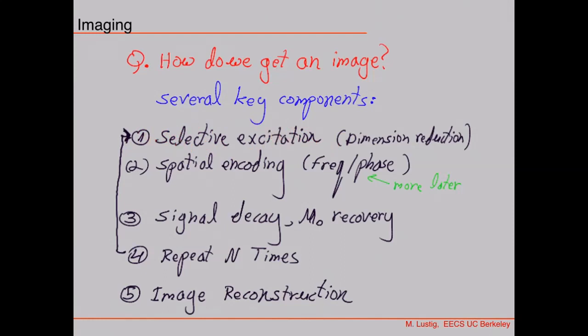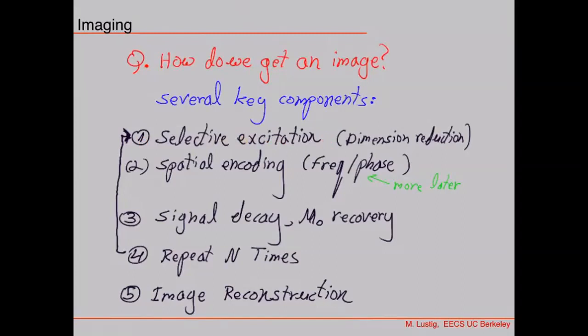I demonstrated before, when I hand waved with the piano and the tuning forks, how a selective excitation can be done. You apply a gradient and then you apply an RF pulse at the right frequency such that it only excites particular sets of spins that are on resonance, because anything else, because of the gradient, will resonate at a different frequency.